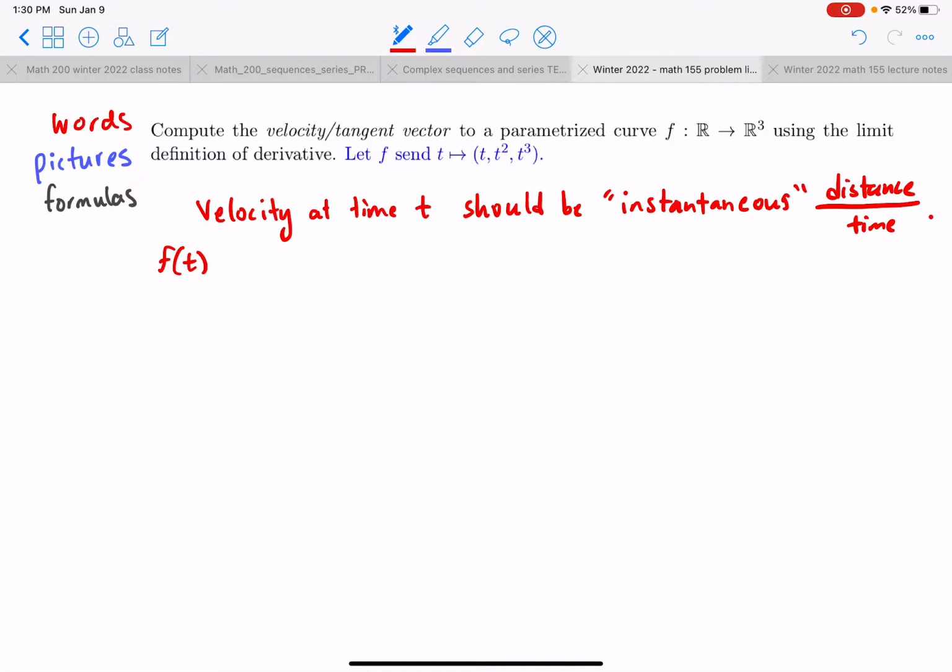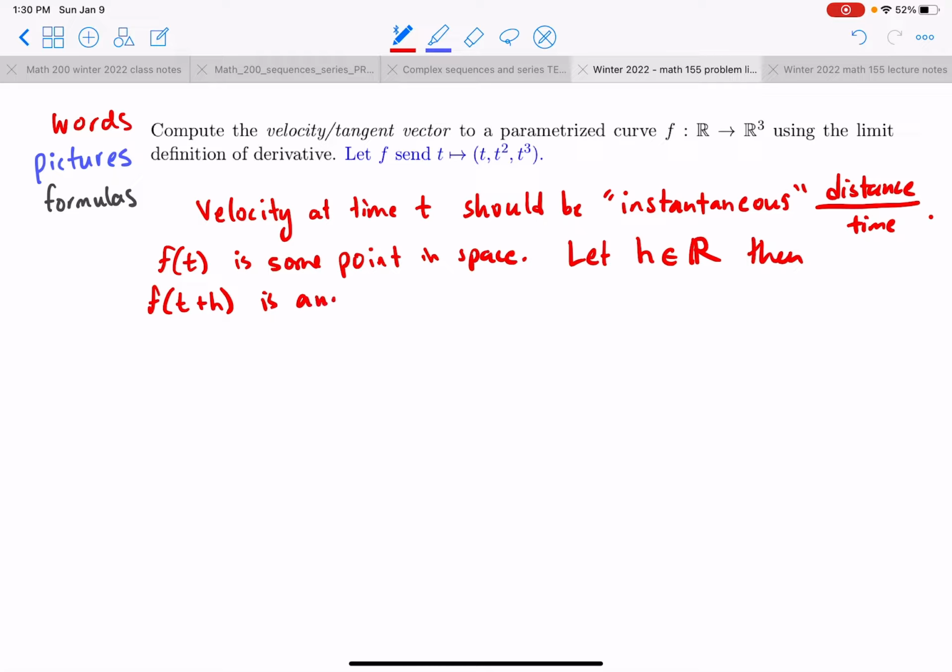So f of t is some point in space. And so, let h be a real number, then f of t plus h is another point. And I'll even say it's along our curve.